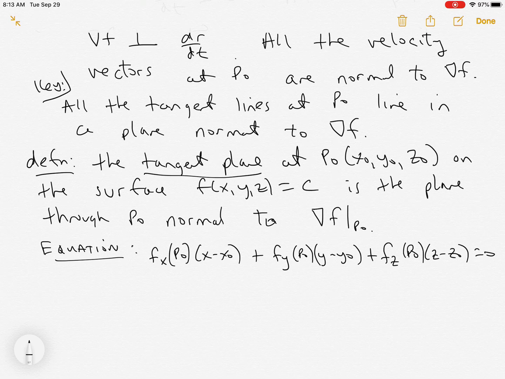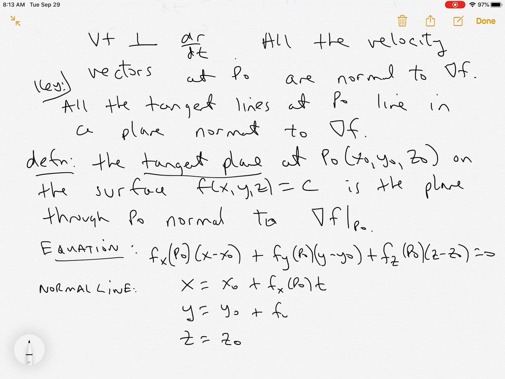Okay, so that's the equation of the tangent plane, and the normal line, which of course is parametrized, is x naught, y naught, z naught plus f sub x at P naught t, f sub y at P naught t, and f sub z at P naught t.